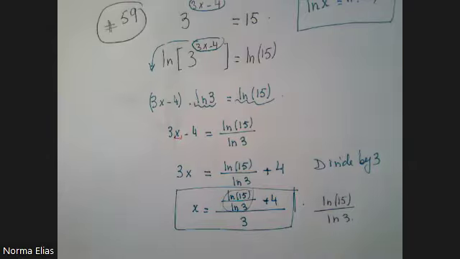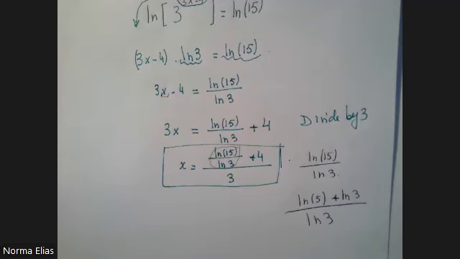Make ln of 15 into ln of 5. And Nathan, you meant plus? Yes, okay. Plus ln of 3 divided by ln of 3. Yeah, we can do that. That's correct. Can we move forward?